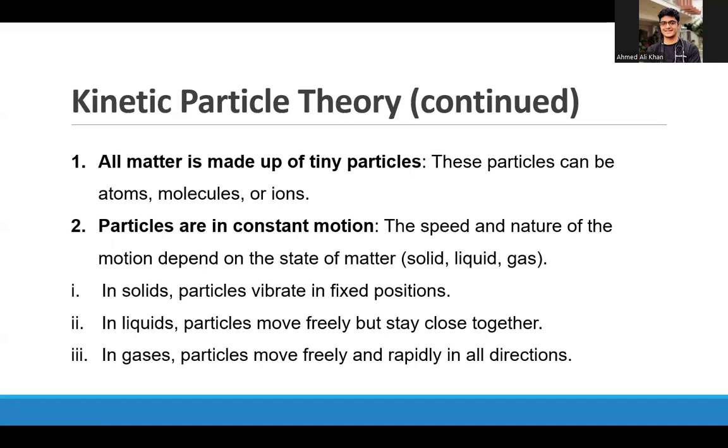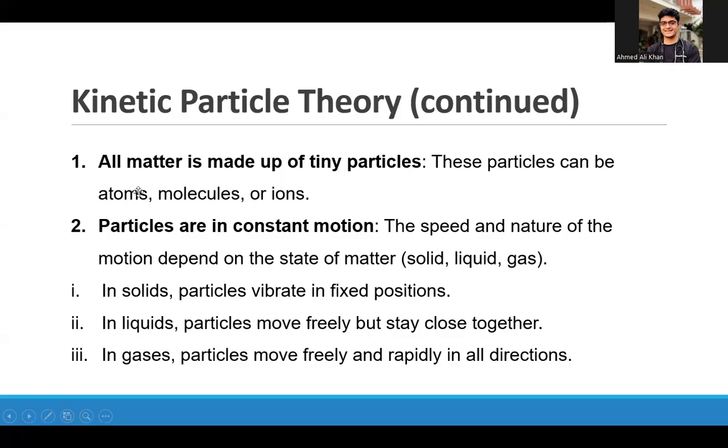Now a molecule can be either a compound or an elemental molecule. If it contains two of the same type of atoms, for example, oxygen gas is O2, so it's an elemental molecule, right? But if the molecule consists of two different types of atoms, for example, water, which contains hydrogen and oxygen, then that is a compound.